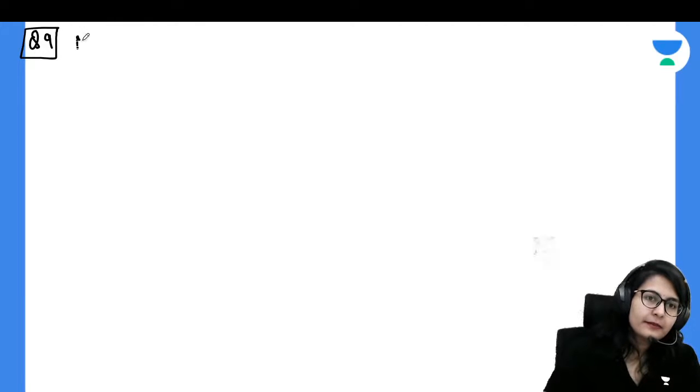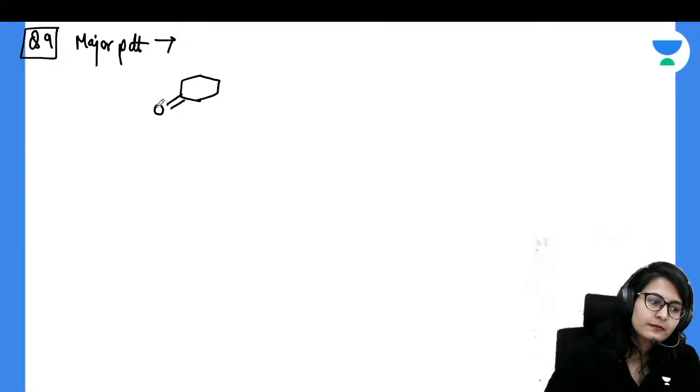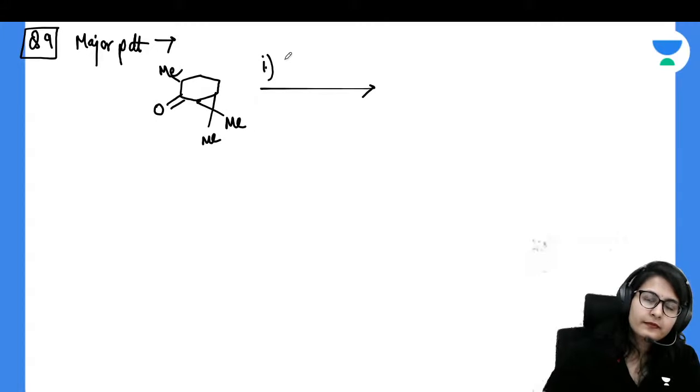Okay, once again, the major product which is formed in this reaction is... First step, KOH and EtOH, meaning alcoholic KOH, you are having.